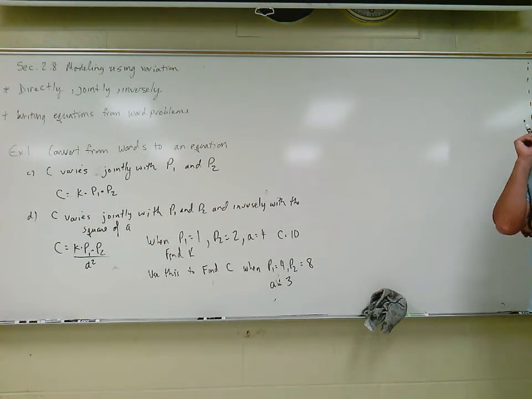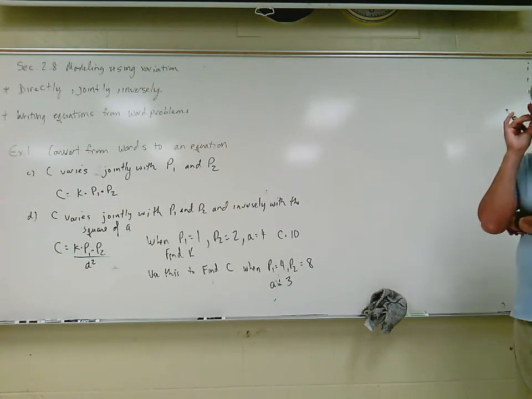It's really just a lot of plug and crank, honestly. But if you can't read the words and get the equation right, then it's going to be the wrong plug and crank.